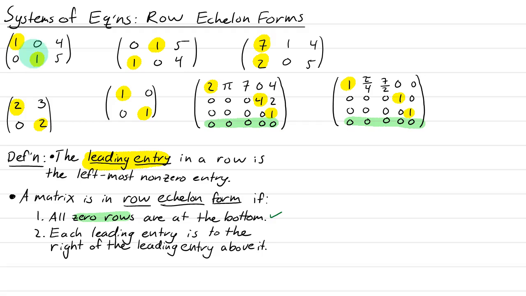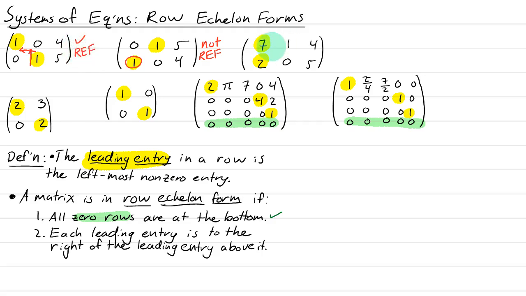So if you go from here, the next leading entry is over that way. So that counts. Here though, if you look at this leading entry, the leading entry above it is to the right, it's not to the left. So this is not echelon form.